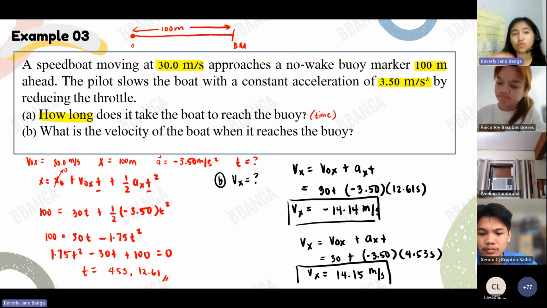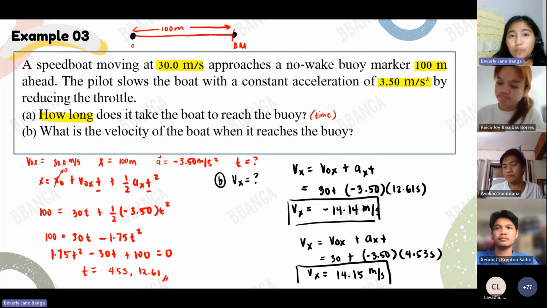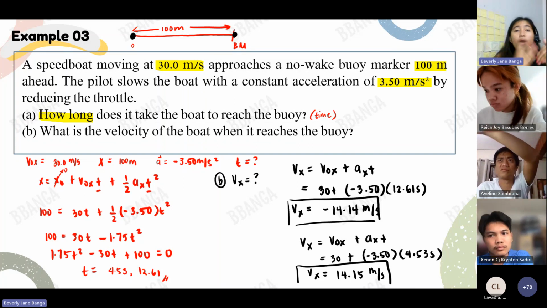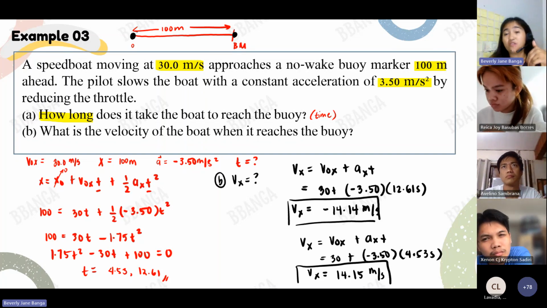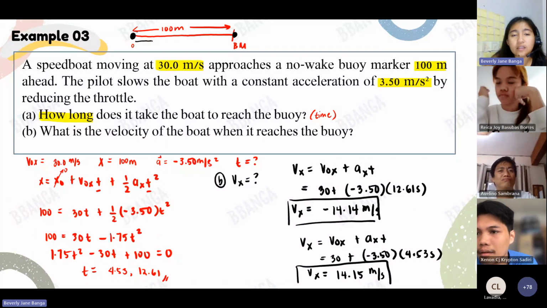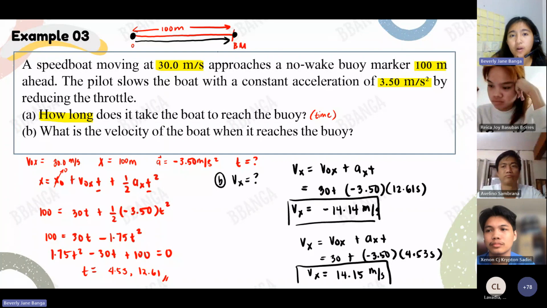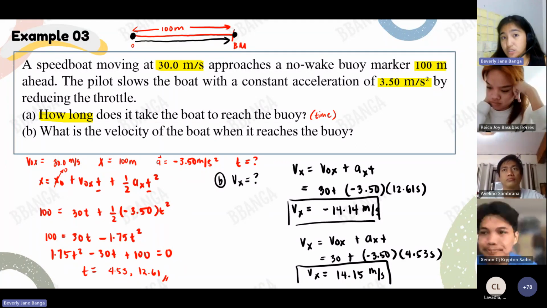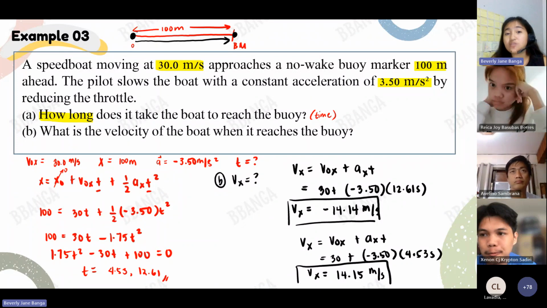Now, let's go back to our scenario. Take note, ito yung starting position ng speedboat natin, and nandito yung buoy marker natin, which is 100 meters to the positive direction. Kung pupunta yung ating speedboat kay buoy marker dahil papunta siya sa right, therefore, ang kanyang speed when it reaches the buoy must also be positive.